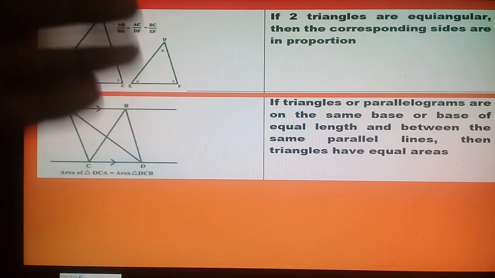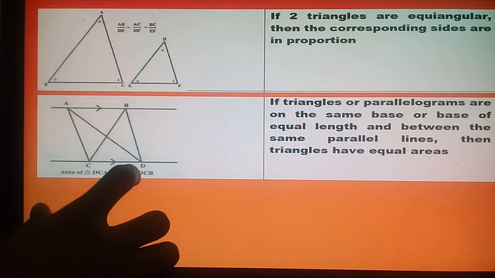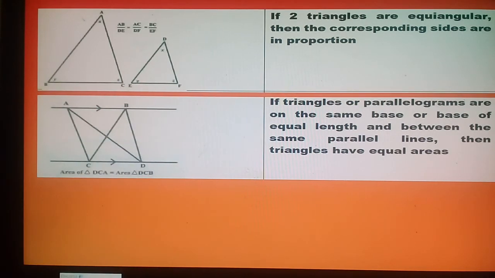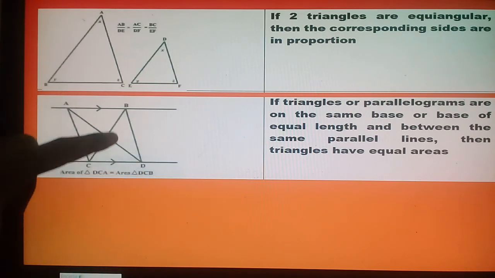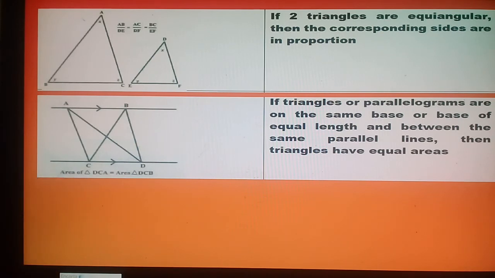If I have triangle ACD and triangle CBD between 2 parallel lines, it means they have equal area. The area of triangle ACD is equal to the area of triangle BCD. Why? Because they are between the parallel lines.